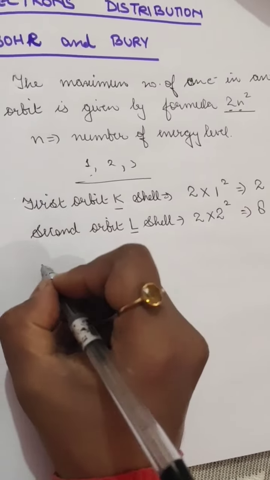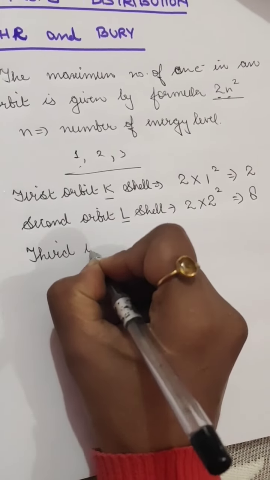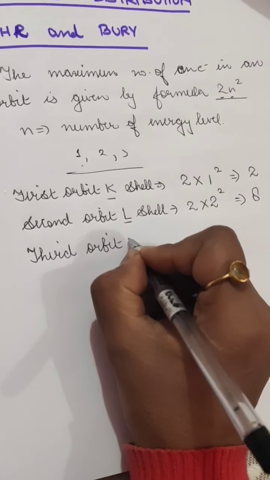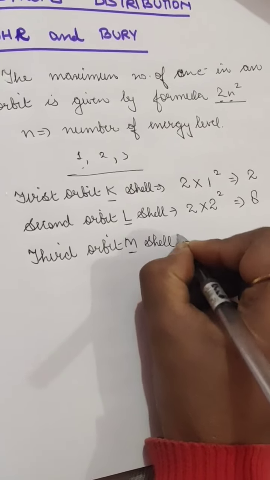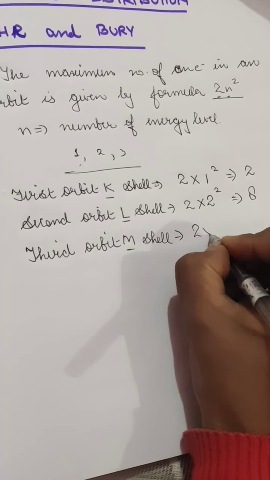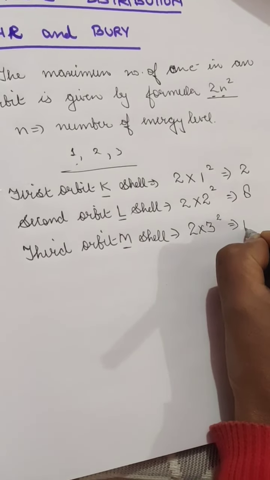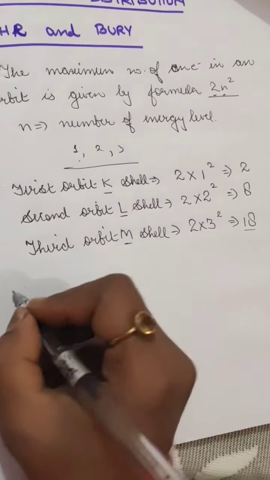And then the third shell, the third orbit or energy shell or energy level, which is the M shell, will be 2 into 3 square, which is 18. So the maximum number of electrons will be 18 in the third shell, which is the M shell.